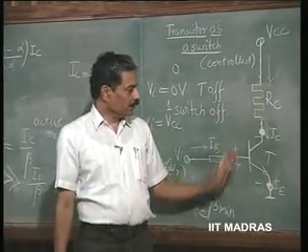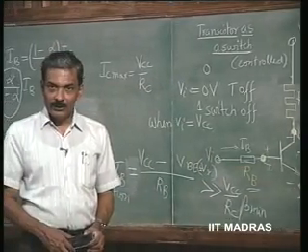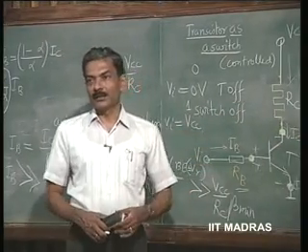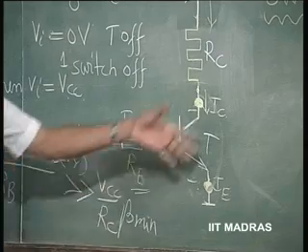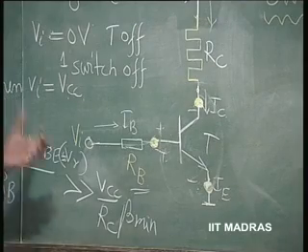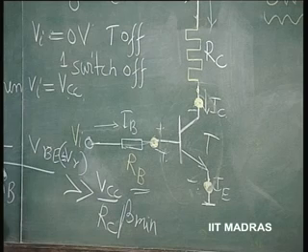So, these are commonly used in control circuits for controlling relays, heater coils, etc. So, design of a switch is very important, and you should make the transistor necessarily go to saturation.